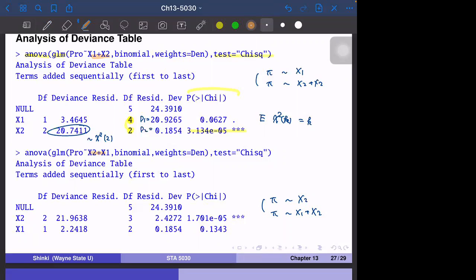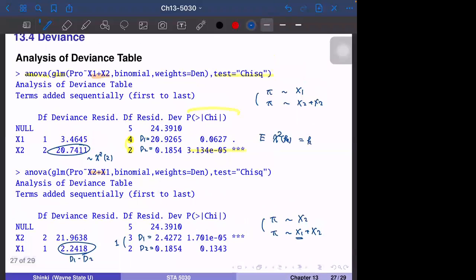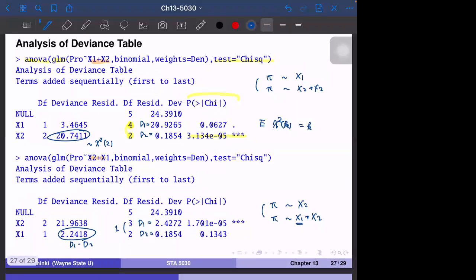So this time D1 is equal to this and D2 is equal to this. So the difference is here. The difference in degrees of freedom is 1, because we add the X1 term, and X1 is just 1 term, only the alpha 1 term. And df is 1 and the difference is 2.24. So it's kind of in a gray zone.